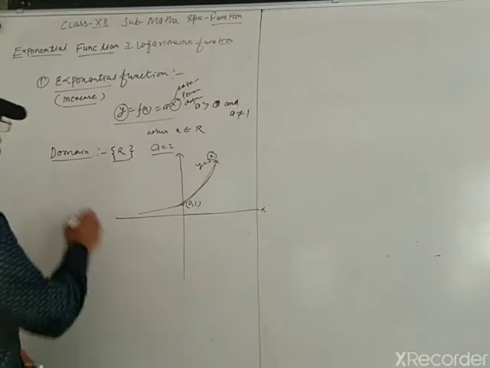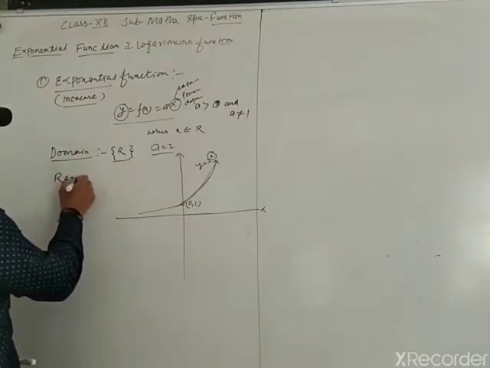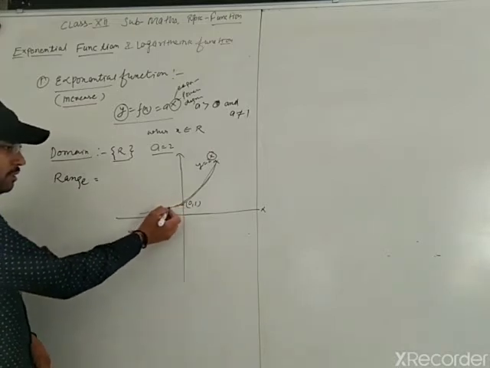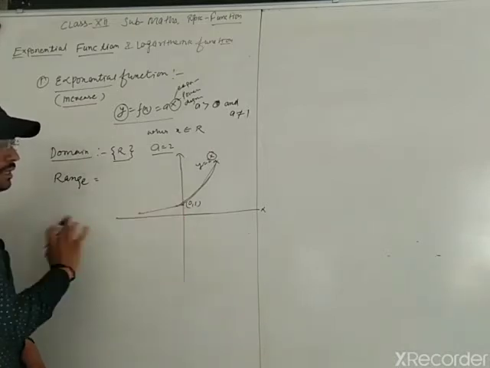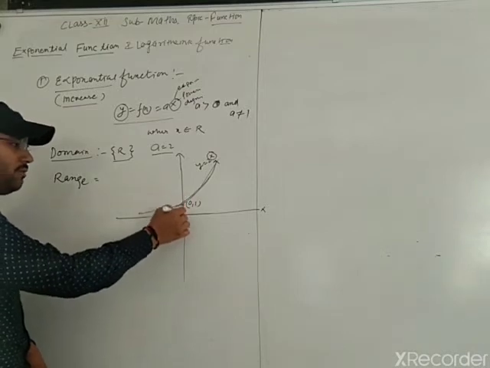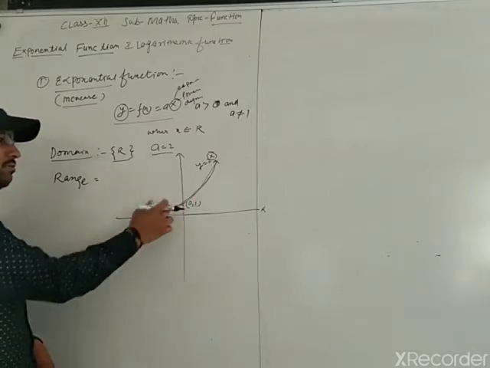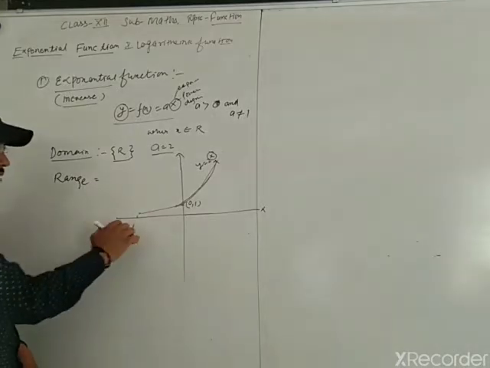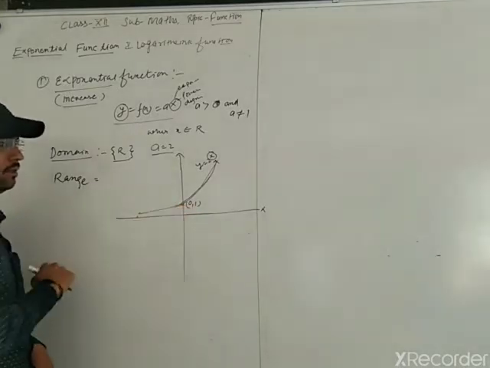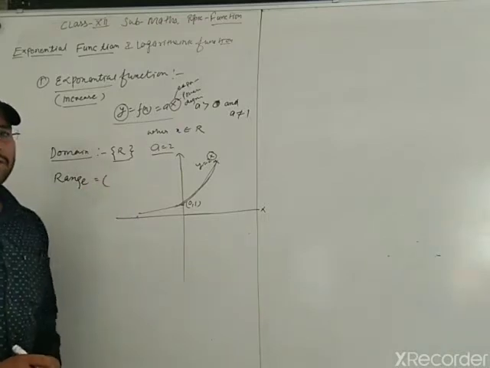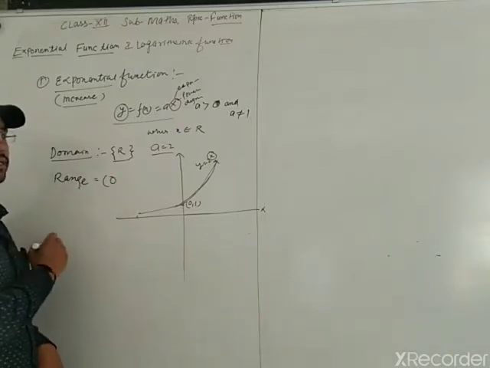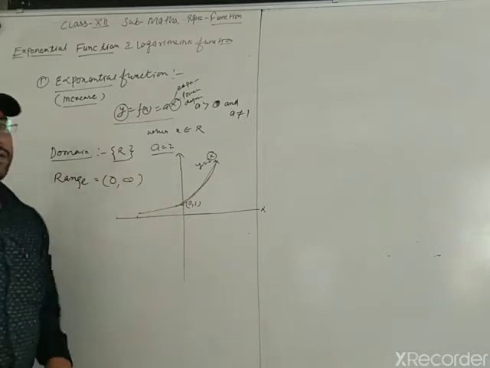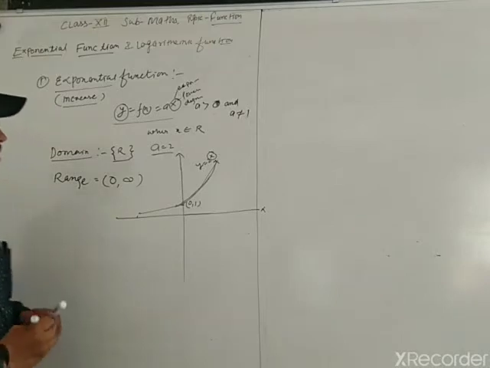Range: the value of this exponential function cannot be negative. It is never 0 or never negative, meaning this graph will never intersect this line, clear. So we can say it is greater than 0, always positive, up to infinity, clear.